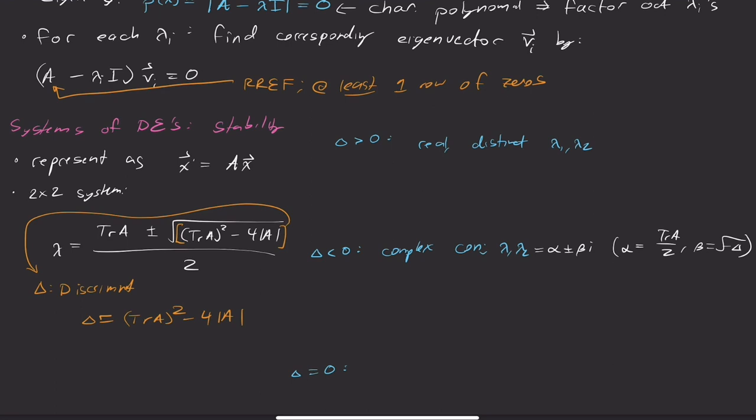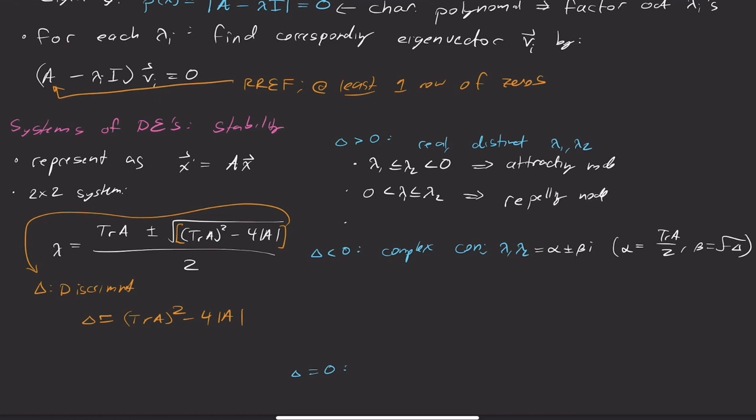If you have a positive discriminant and your 2 real distinct eigenvalues lambda 1 and lambda 2, there are 3 scenarios. If both your eigenvalues are negative, this will be an attracting node. If lambda 1 and lambda 2 are both positive, then you'll have a repelling node.